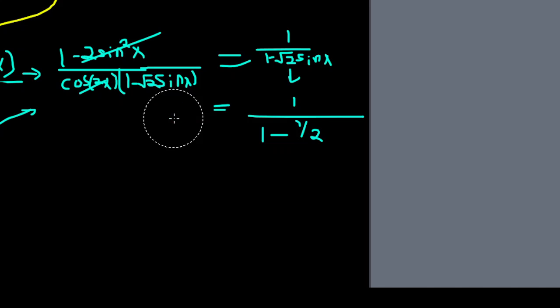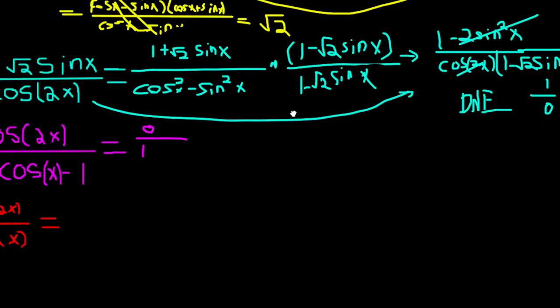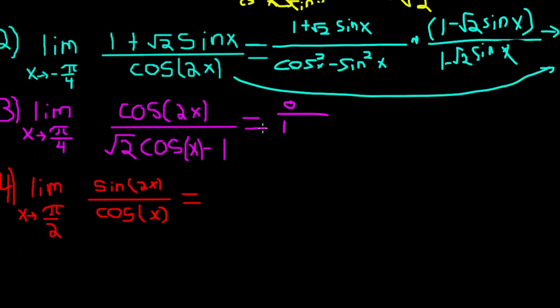My mistake. Square root of 2 times square root of 2 over 2 is 1, not 2. So right, square root of 2 over 2 times square root of 2 is 2 over 2, that's right. Okay. Anyway, so 1 minus 1. And that is 0 over 0. We're going to have to try something else.